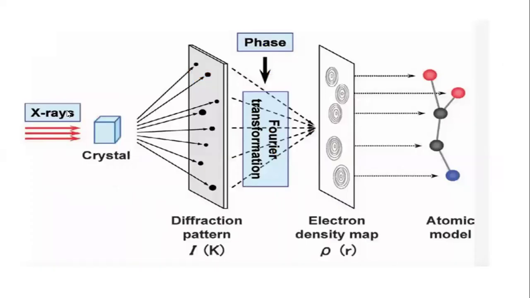See, this is the X-ray, this is the crystal, and diffracted, this is the diffraction pattern, and electron density map, and this electron density gives the atomic model.